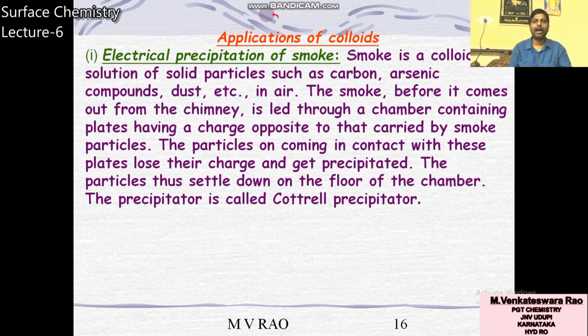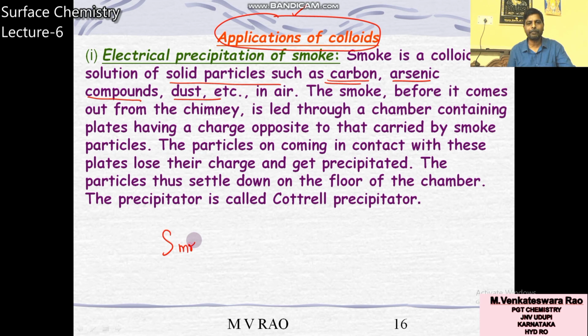Next, applications of colloids, where you are using the colloid principle. Smoke is a colloidal solution of solid particles such as carbon particles, arsenic compounds, poisonous compounds, and dust. That means smoke from industries contains so many solid particles in the air.